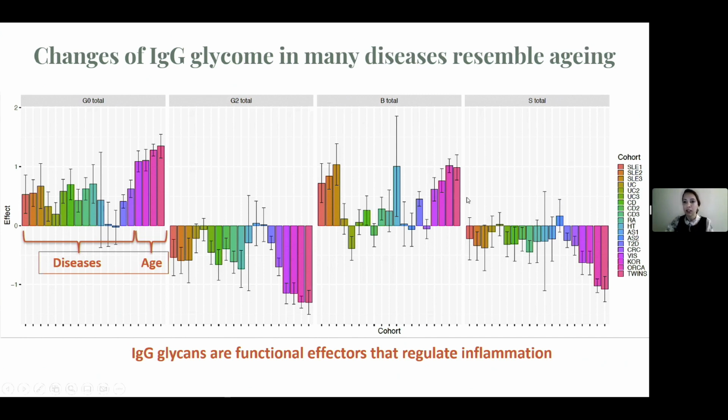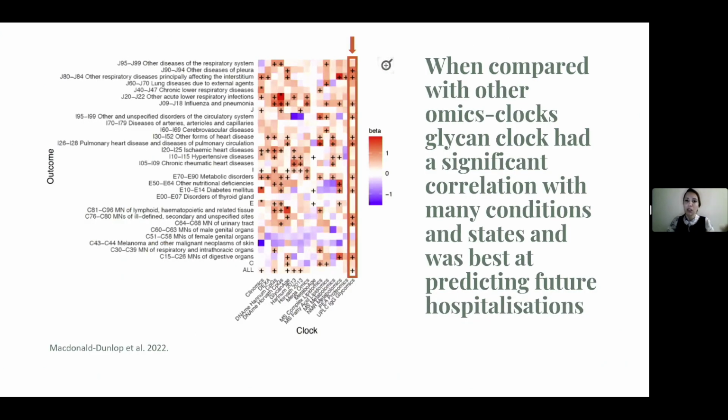And this is something we looked at in many diseases, but I don't have time to tell you all about those diseases. So instead, I'm going to show you what happens when we compare the so-called glycan clock with other omics clocks.